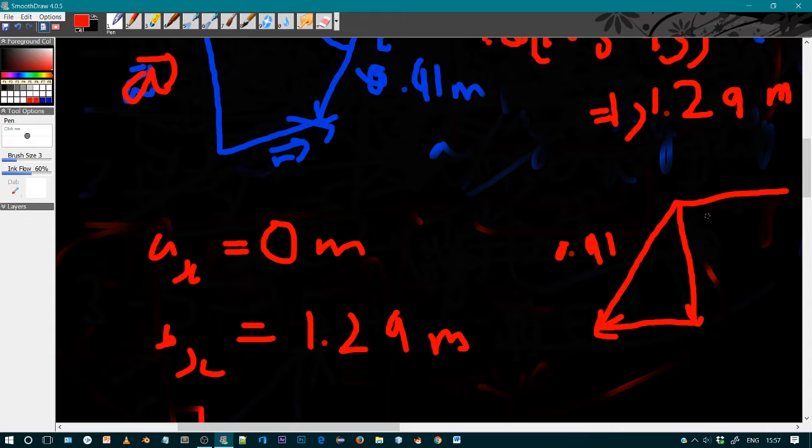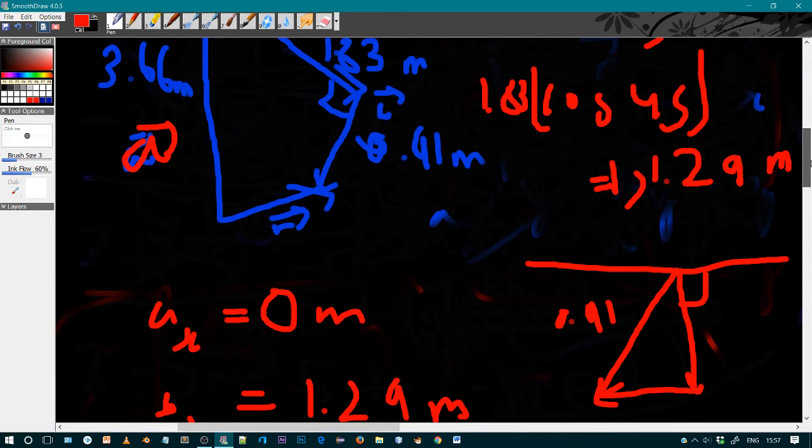This will be 90 degrees. Wait, what am I doing? So this is the south direction, this is the south west direction, so this will be 45 degrees.